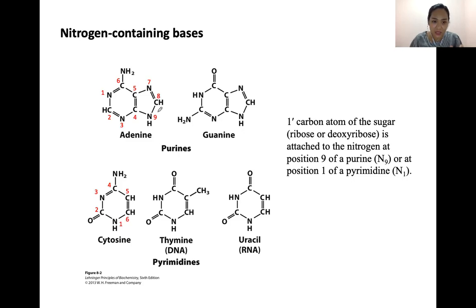This is position 9 of the adenine, of the purine. This is where the 1' carbon of the ribose or deoxyribose sugar is attached in adenine and guanine, but for pyrimidines, it is attached to the nitrogen at position 1 of a pyrimidine. So this part right here. Okay, so this is how they are numbered, and this is how the nitrogen-containing bases are attached to the sugar moiety of the nucleotides.